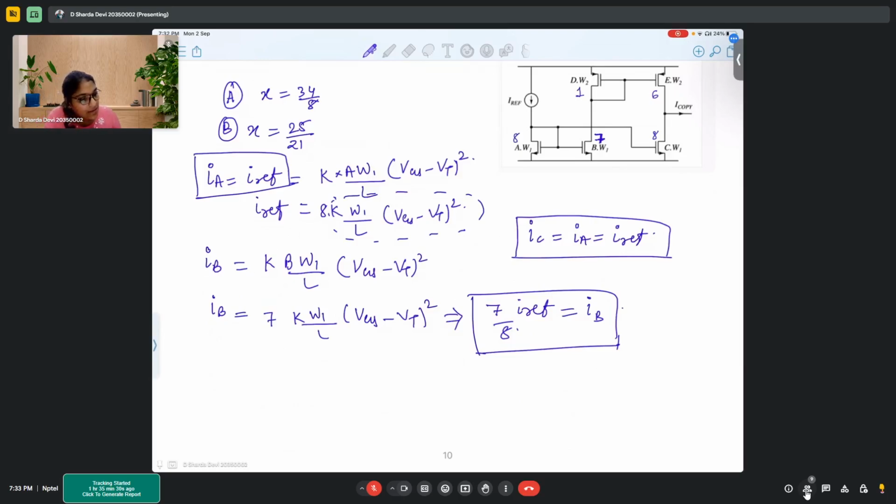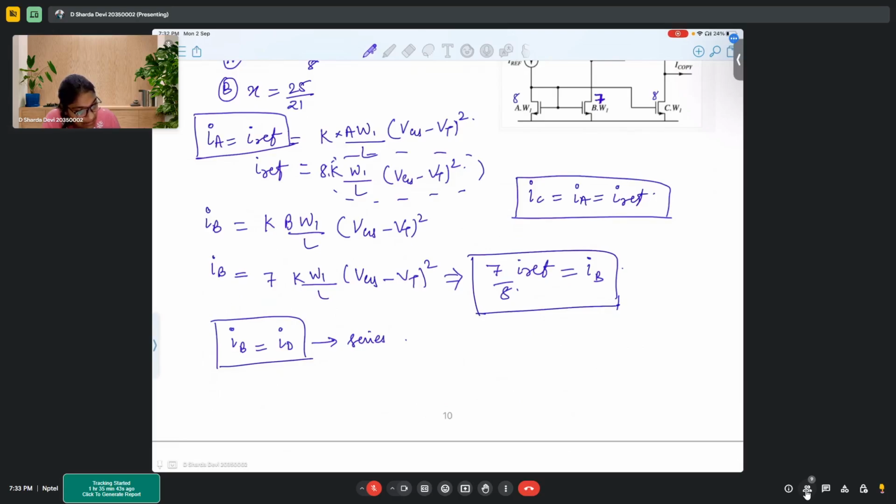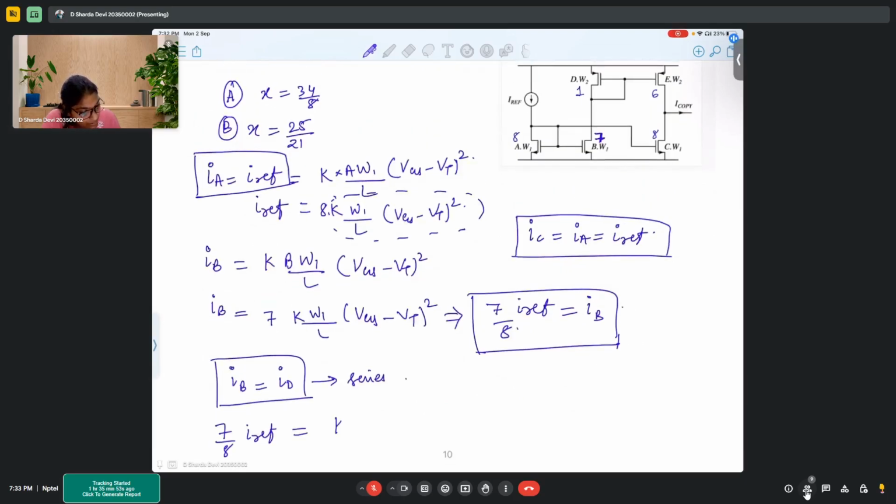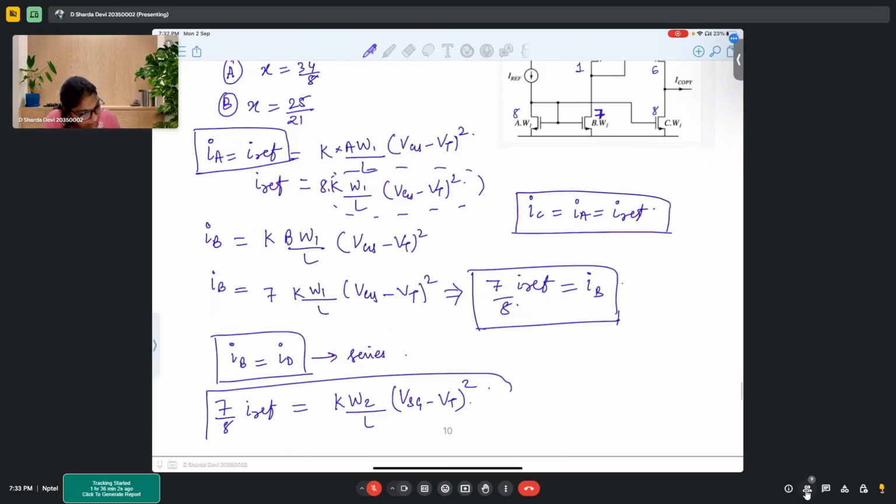Now ID should be equal to IB because of series, the same. So that means 7 by 8 IREF is equal to, factors 1, so K W2 by L, VSG minus VT whole square. So this is equal to ID.